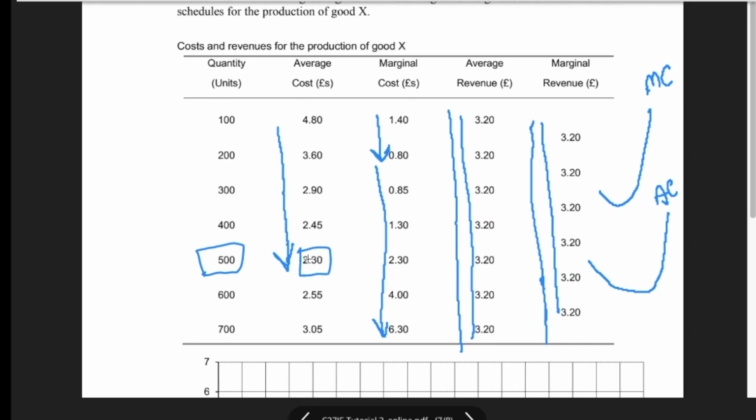So if I were to charge them $230 for 500 units, I wouldn't make a loss, but that's the absolute lowest I could charge them without making a loss. Hopefully that makes sense. So just look to see an average cost as a minimum, and that's the absolute lowest that I could charge them, because then I'm covering my costs.